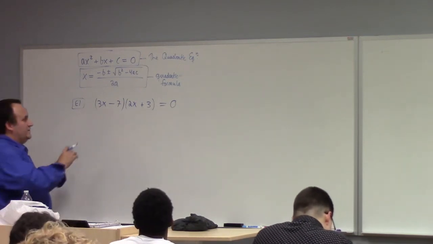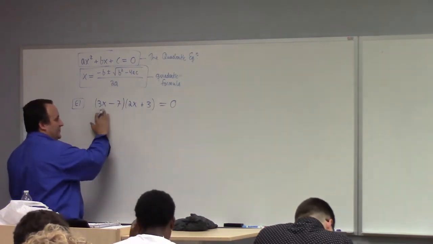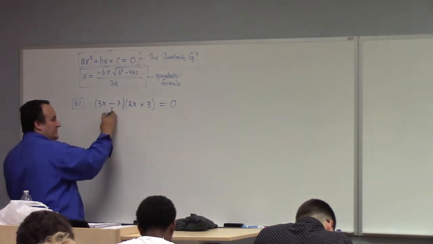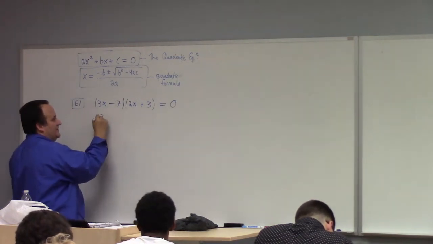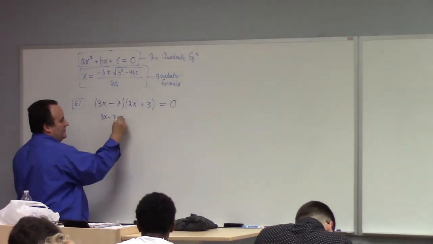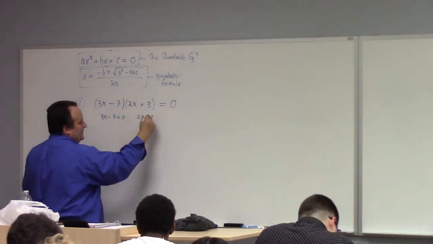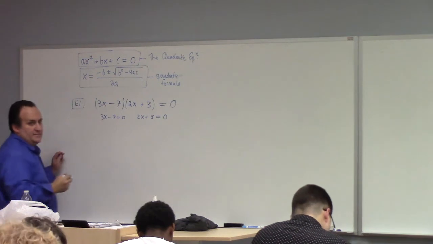What we should do is just use basic principle of algebra. If the product of two things equals 0, that means either this is 0 or that is 0. So we just have to look at 3x minus 7 equals 0 or 2x plus 3 equals 0, right?